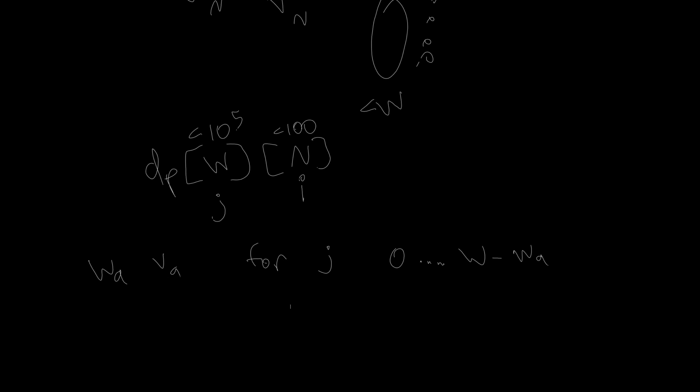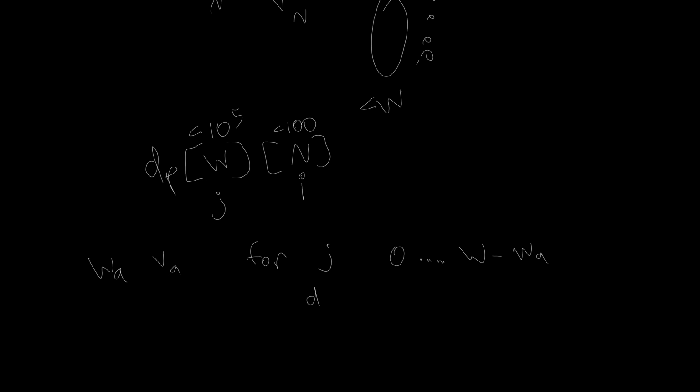And for every wa, we would just do dp of j plus wa, a, is equal to the max of this, the max of that, whatever it might be from previous, and dp of j, a minus 1.